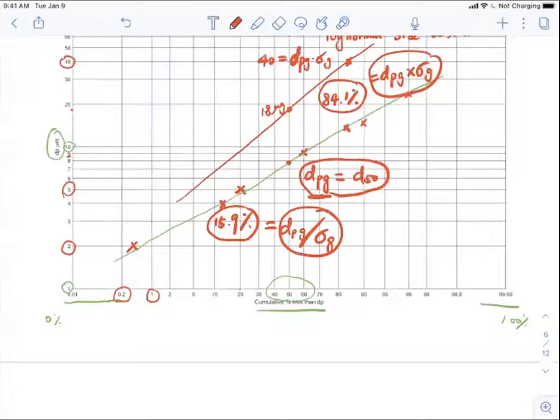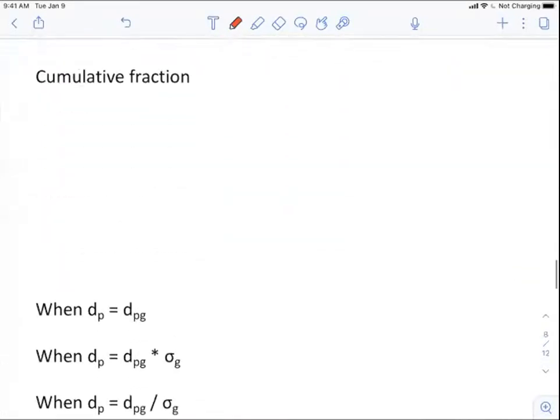While at 15.9%, let's say 8 micrometers, that is going to be dpg divided by sigma g.